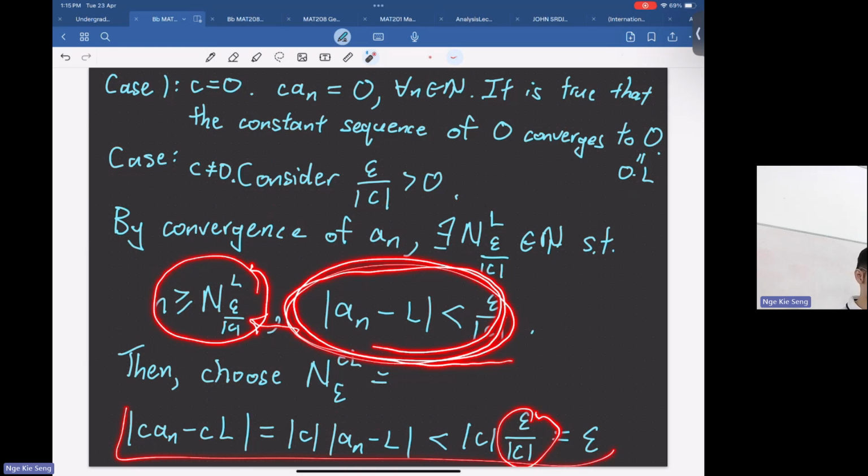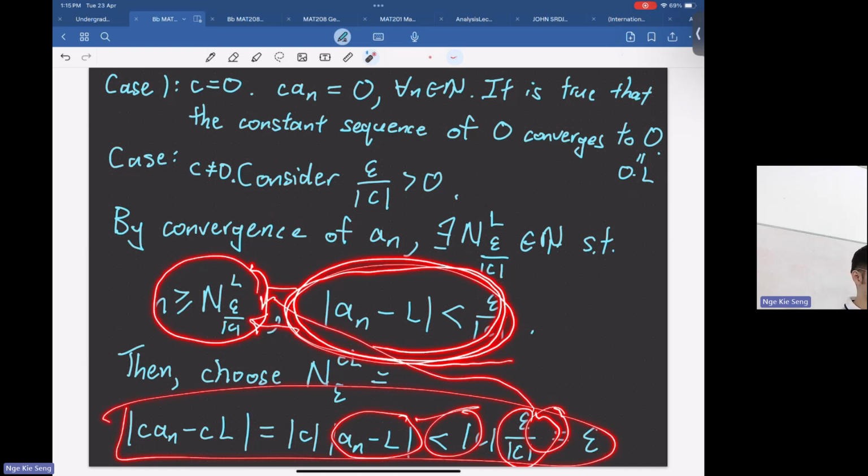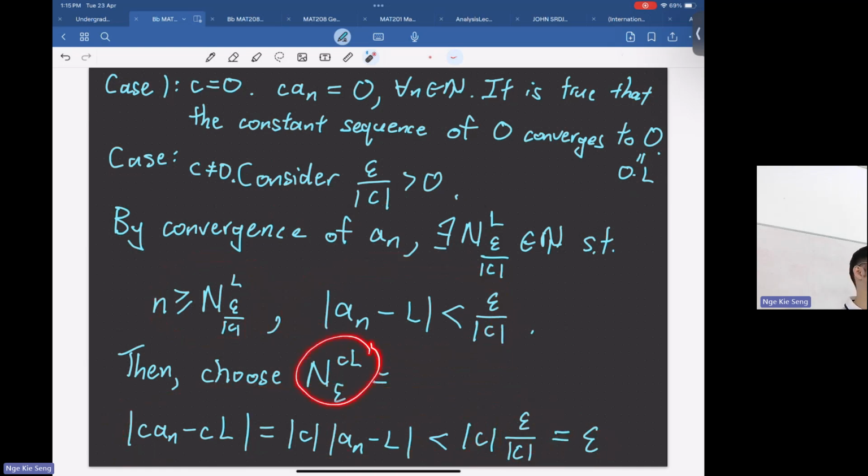So you see, the whole inequality really only depends on this inequality. You need to make this inequality true, meaning you need to set your capital N to be just N of L at epsilon over the absolute value of C. Just use the same N, it will work.